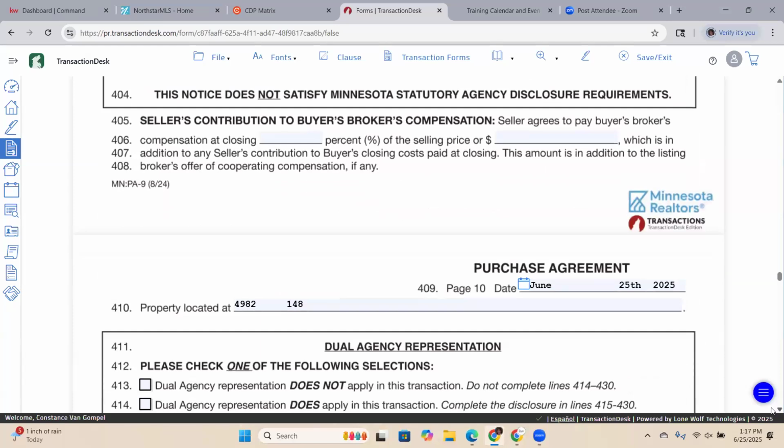Seller's contribution to the buyer's broker's compensation. We've heard a lot of this from Alexis. This is where Alexis has highly recommended best practices is to use line 406 and put in what your percentage is as a buyer's agent. So if you go back and look at what you put on your buyer's agreement, a lot of times best practices is 3%.